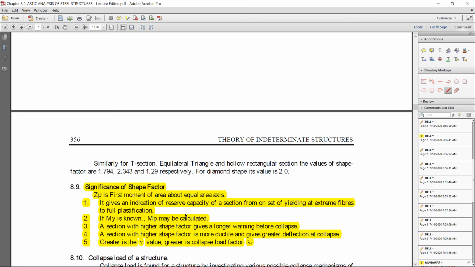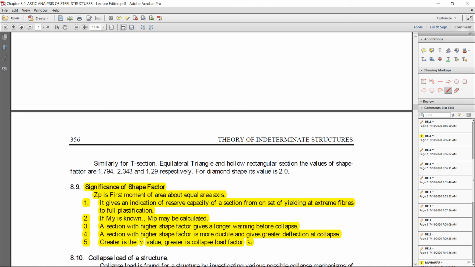If My is known and we also know the shape factor for a section, we can easily calculate Mp, because the shape factor is a ratio. If we know one value, we can easily get the other value.